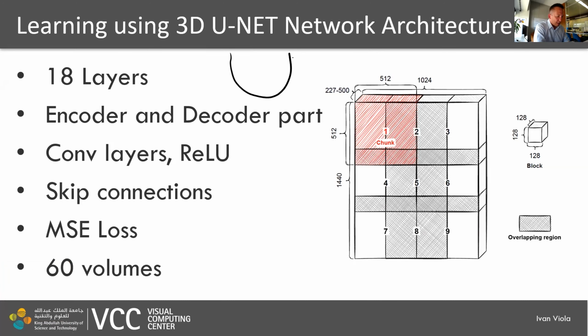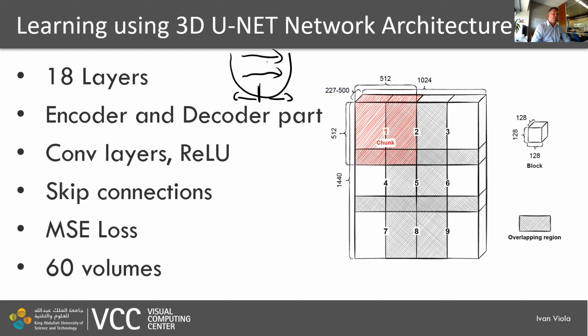It consists of the encoder part and the decoder part. Each of these parts contains convolutional layers, ReLU, and also there are the skip connections. So you have a connection between the different parts of the encoder and the decoder.